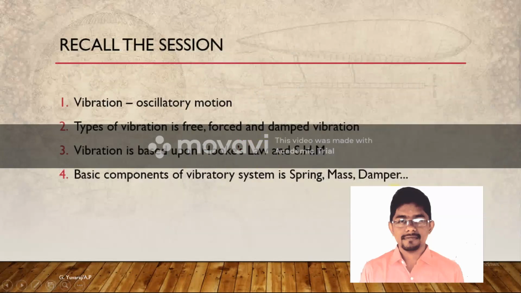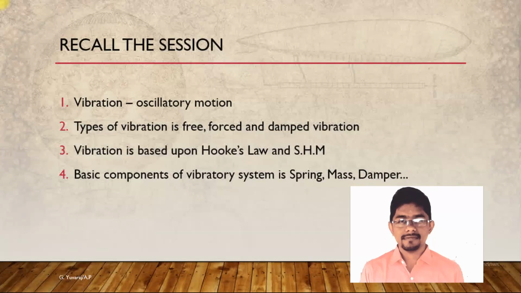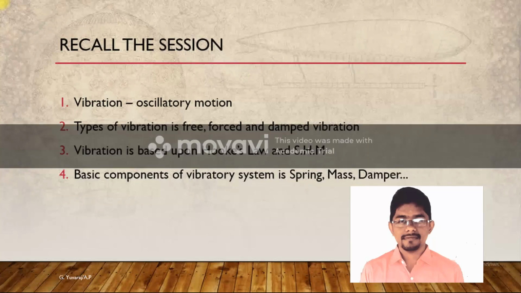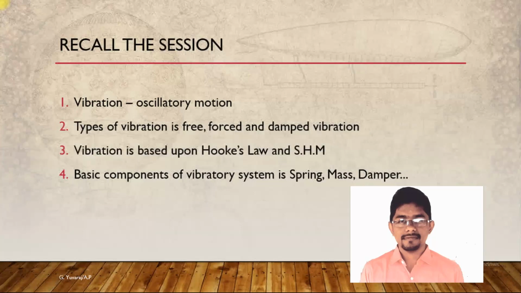Okay, so now we wind up the session. Here, vibration is simply an oscillatory motion, or to-and-fro motion. There are many different types. Point number 2: vibration, based upon the type of force which acts over the body, can be classified into free, forced, and damped.